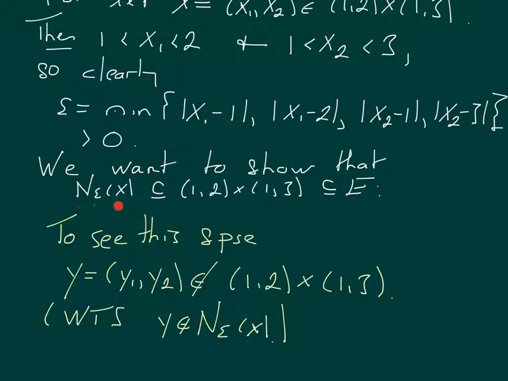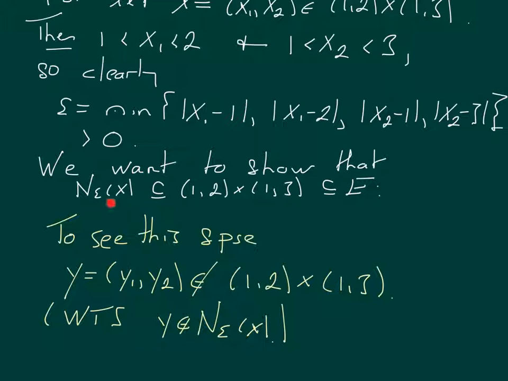So how are we going to show this? This is what we need to show in order to show that x is in the interior of E, right? Given our x, we needed to find an epsilon greater than 0 such that the epsilon neighborhood about x is contained in E to show that x is in the interior.